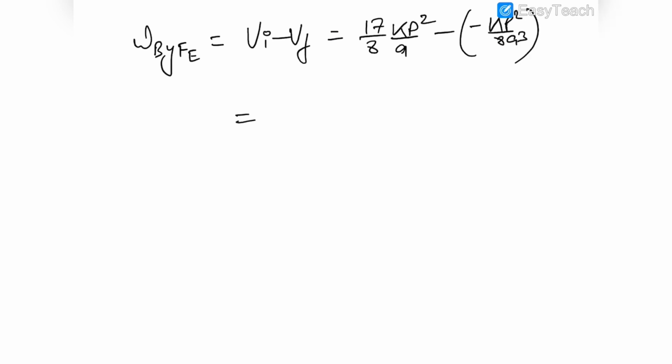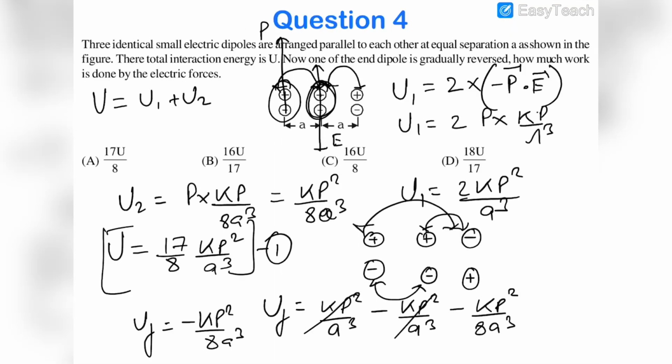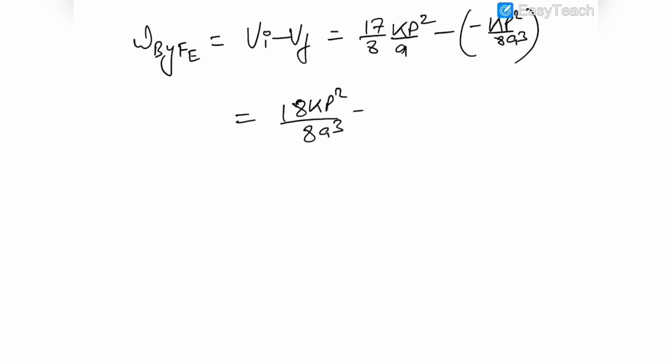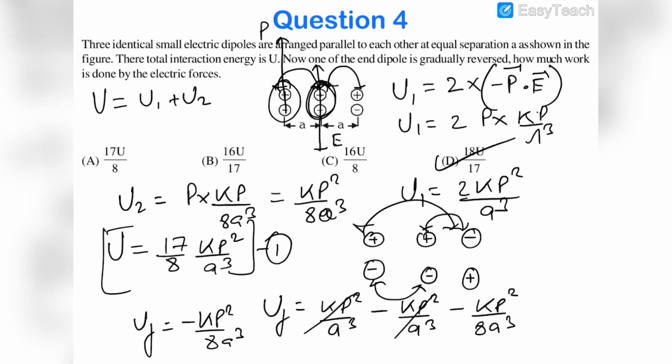So you can see that it would be equal to 18 kP square by 8a cube. Substitute the value in terms of U. We know that kP square by a cube is 8U by 17. So it will be equal to 18 by 8 into 8U by 17, which is 18U by 17. So the correct answer will be option number D.